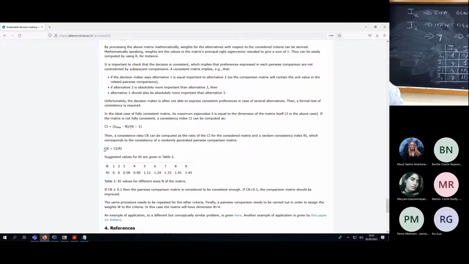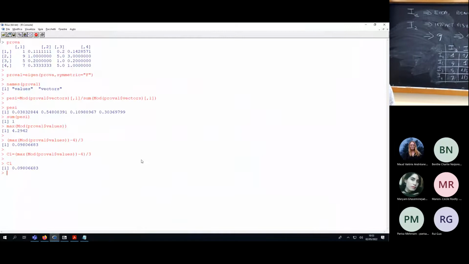RI is, as you may remember, a random consistency index, whose value is given here, 0.90 for a matrix with dimension 4. So what I have to do is basically to go back to R, take this C1 and divide it by 0.9.